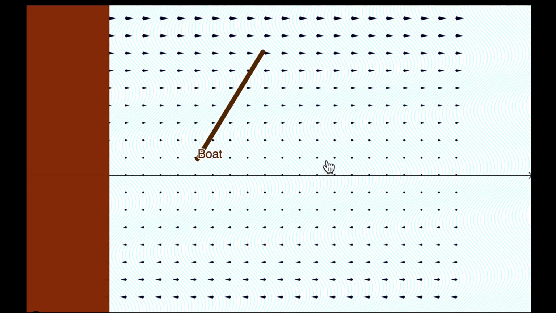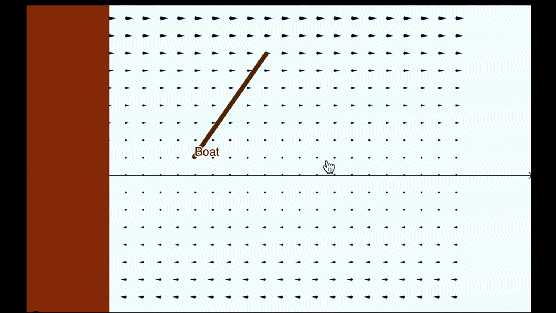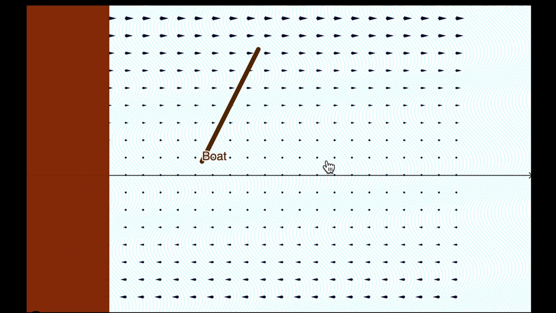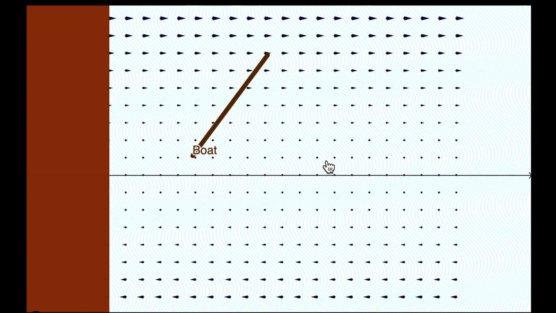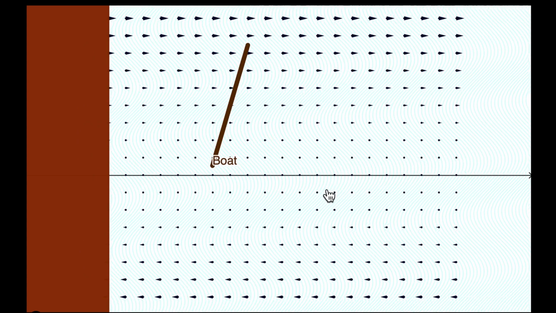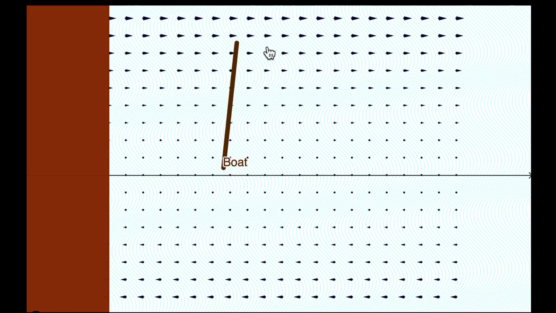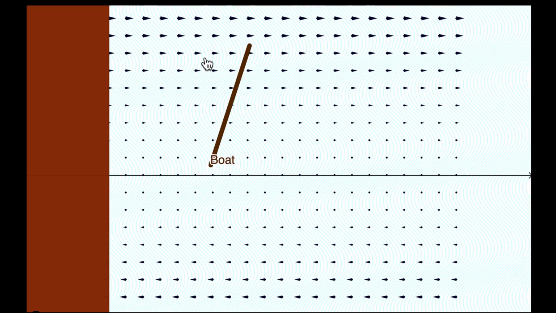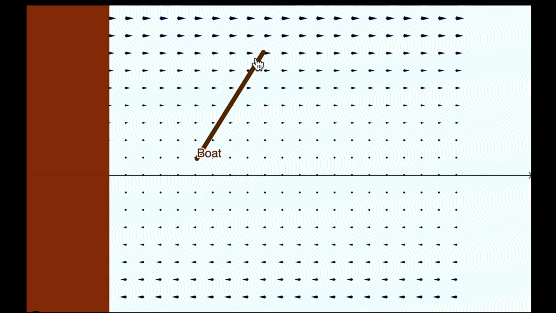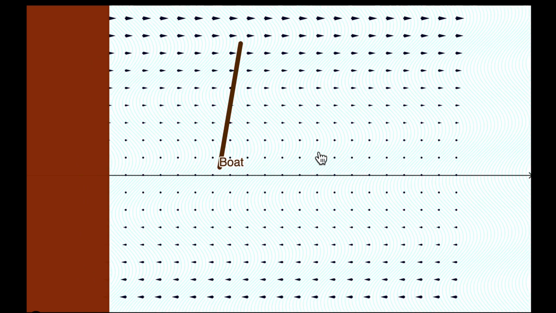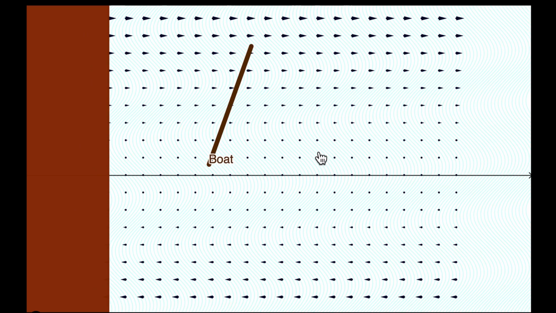Now let's look at f1. When we're looking at the horizontal component of the same original vector field, if the horizontal components are increasing as y is increasing, it actually pushes the boat. Look, this side is pushing the boat clockwise.